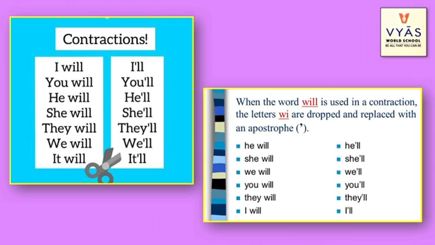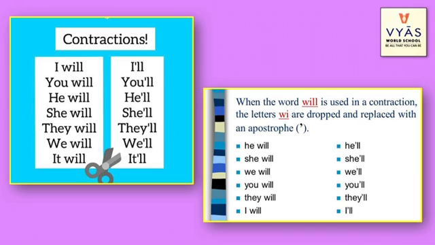In all these cases the letters wi are dropped, and in place of these two letters we place an apostrophe. So the first word remains the same, in place of letters wi we place an apostrophe, and the last two letters again remain the same as double L. So we will, she will, he will.